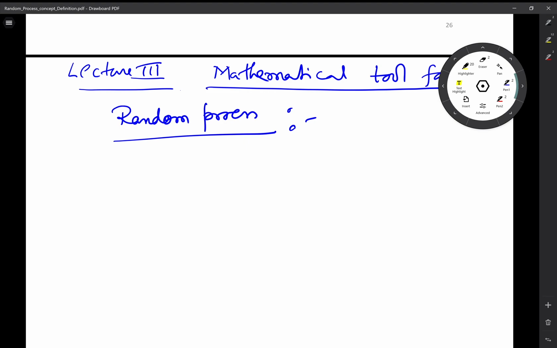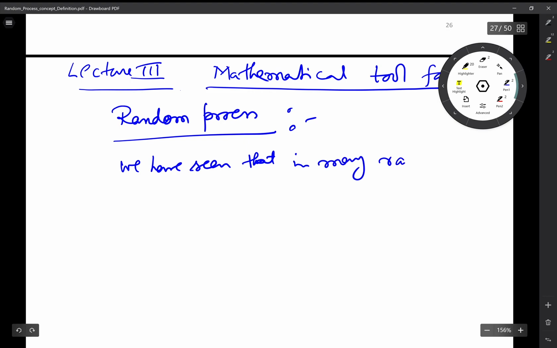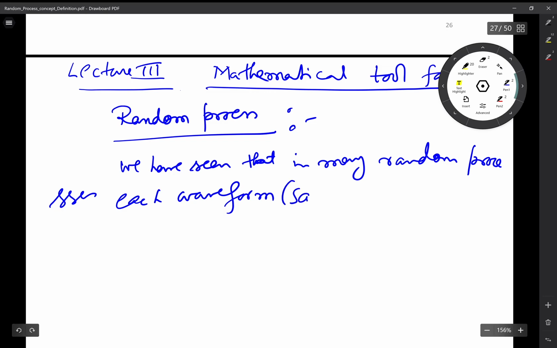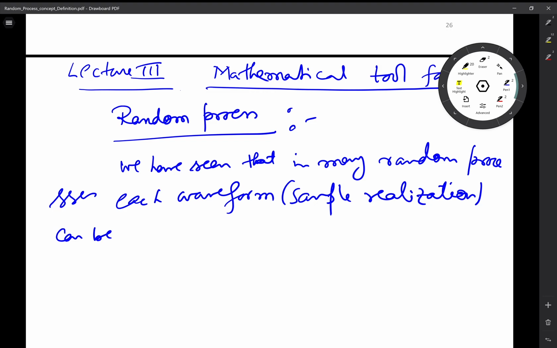So we have seen that in many random processes, each waveform, that means each sample realization, can be deterministic.